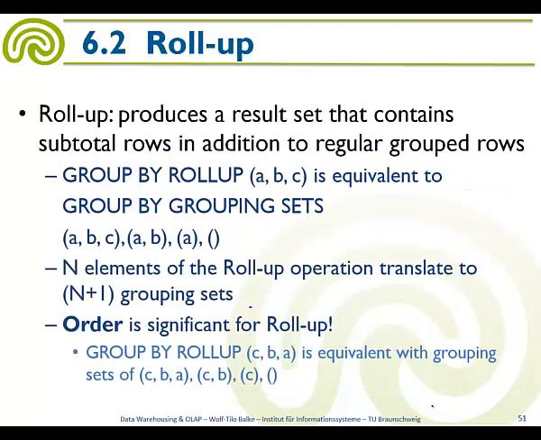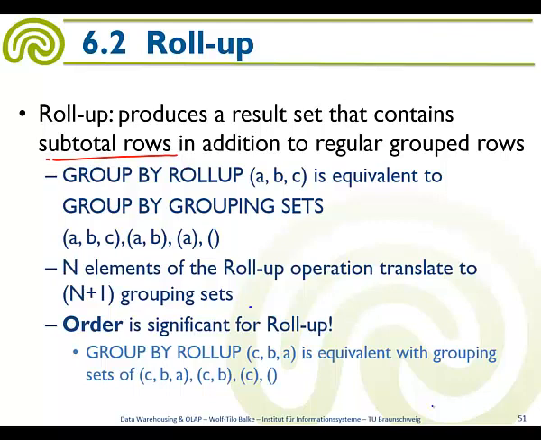Then there's a roll-up. A roll-up produces a result set containing the subtotal rows in addition to the regular grouped rows, right? So basically a roll-up means that you build a complete grouping set, by always leaving out the last dimension in the set.